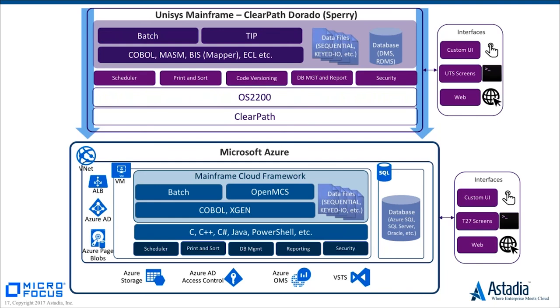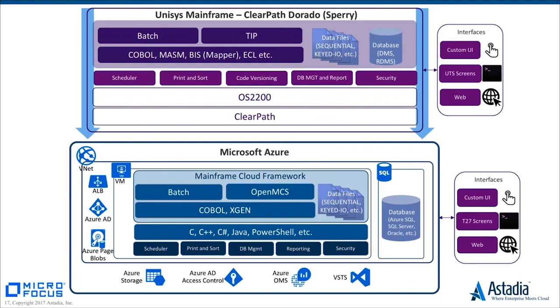And then, of course, you've got all the supporting pieces that you had on the mainframe, things like storage, access control, monitoring, versioning, security, things like that. And the great thing is, by taking this sort of lift and shift approach and dropping it onto a new platform, you can use those same interfaces that you already had in place.